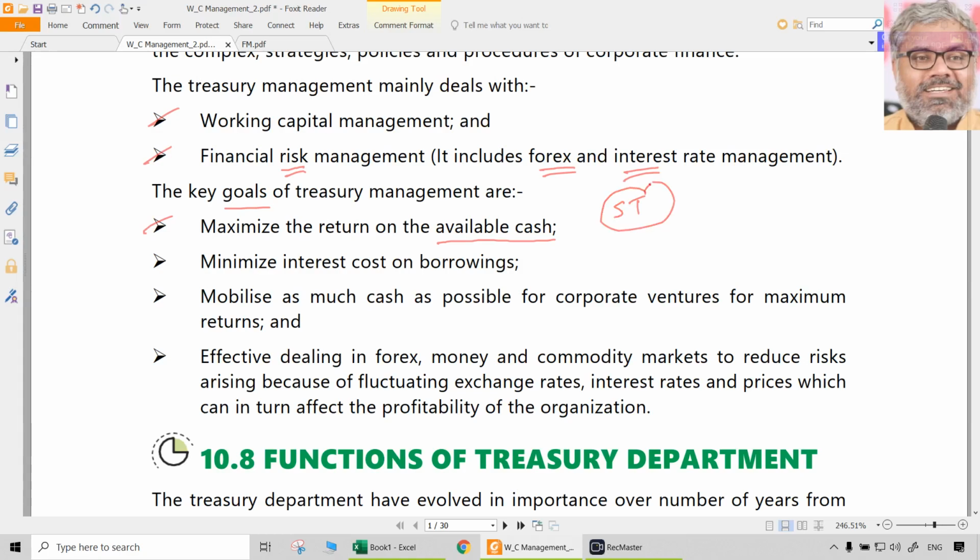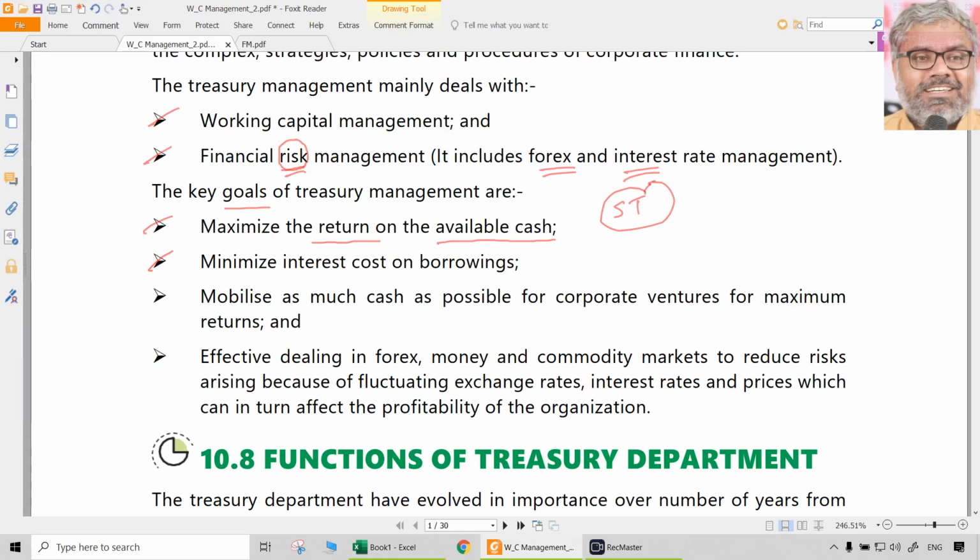This cash will generally be invested so that it is not idle and is making some money, but at the same time it should not be too risky. The idle cash should be invested so that it gets better return also. So once again, the trade-off between risk and return is one of the functions here.